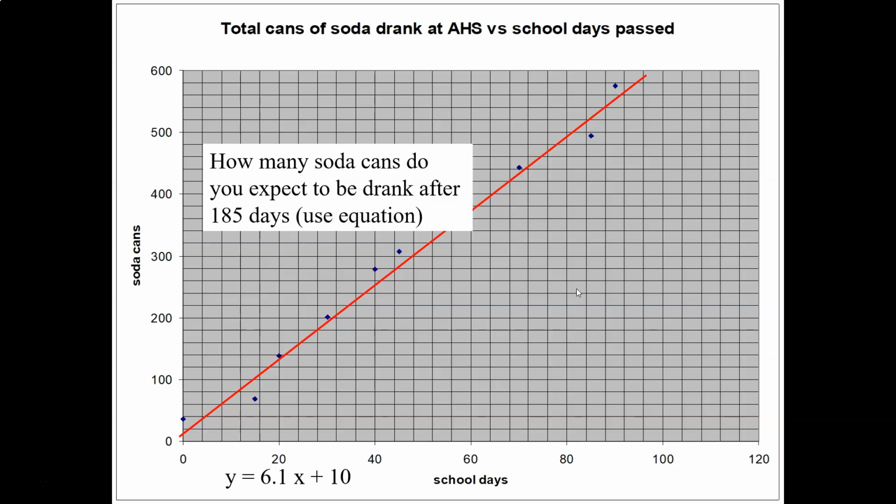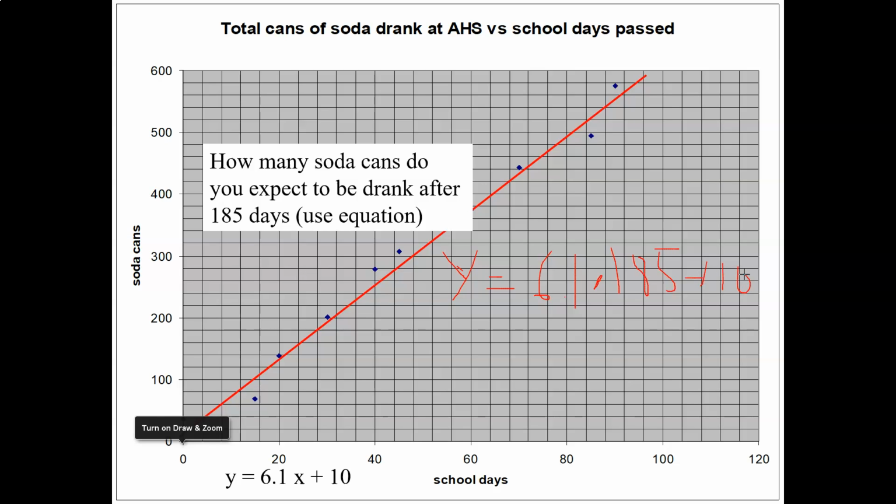The similar problem here, how many soda cans do you think we would drink after 185 days? This time it gives us days, so it gives us the x, because we're on the x-axis here. And we're looking for the y, we're looking for soda cans. So that's going to be y equals 6.1 times 185 plus 10.